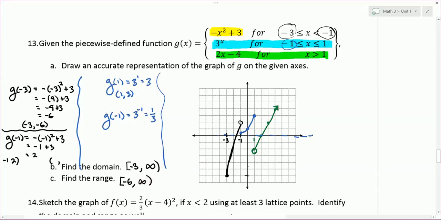But again, let's make sure there's no gaps in between as we go through. There's an open circle at negative 2, but if you move to the left, the black curve is represented at that point, so we're okay. And from that point, the green just takes over. Everything in the range from negative 6 to infinity is covered, so there's no gaps.